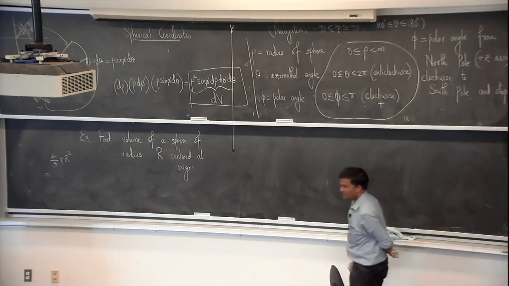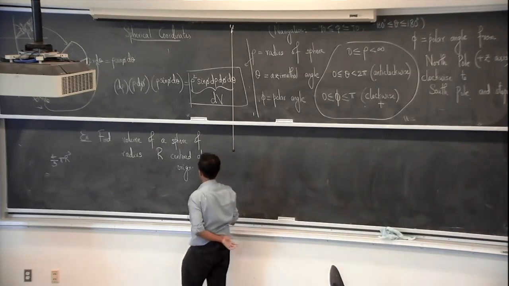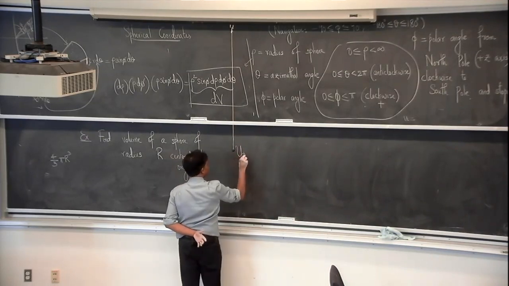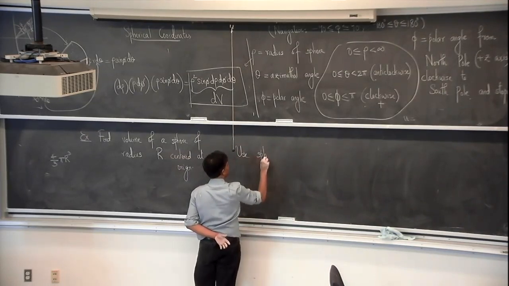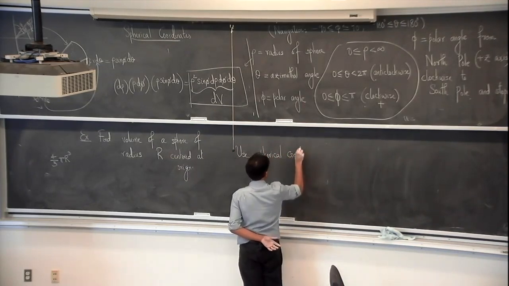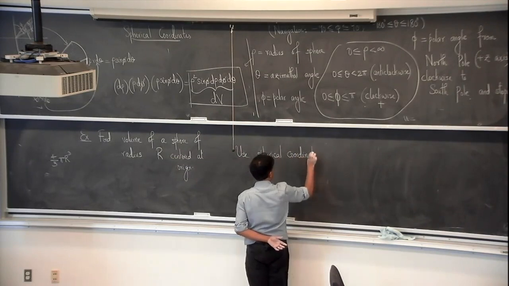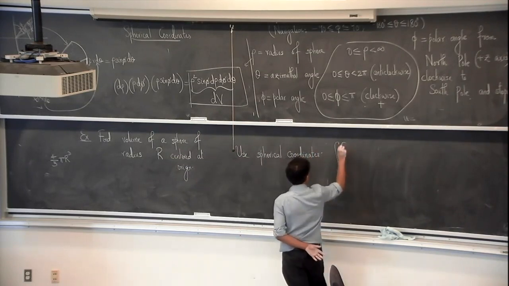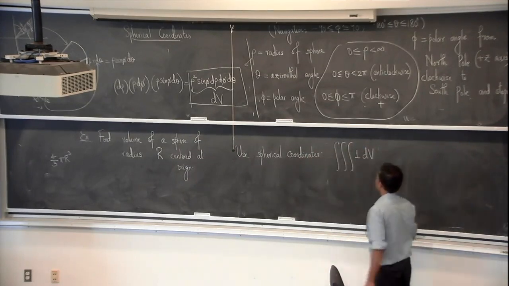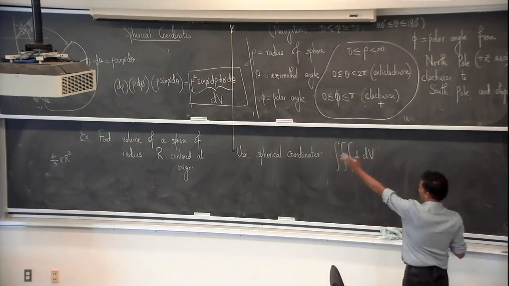All right, so let's do it using spherical coordinates. Well, it's a sphere, use spherical coordinates. Don't forget the volume is the triple integral of 1 dV. And dV is all that stuff I wrote there.